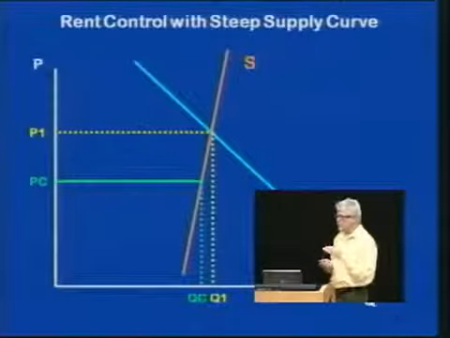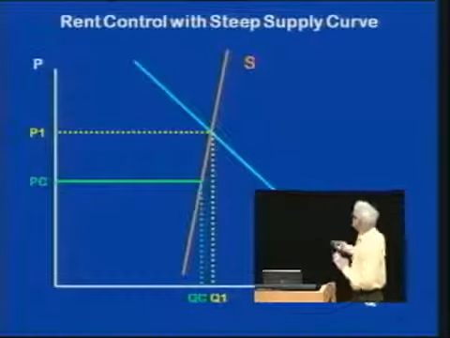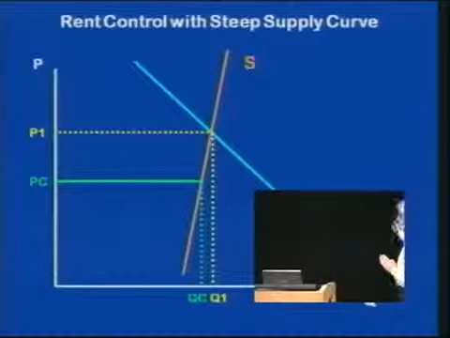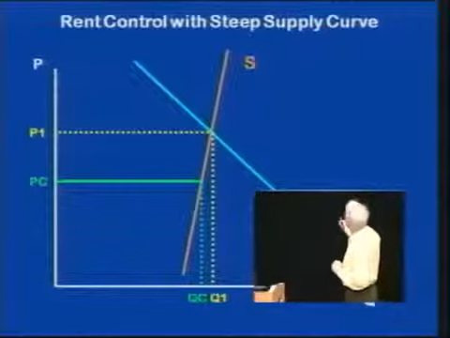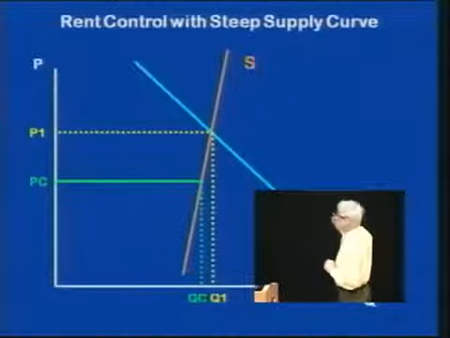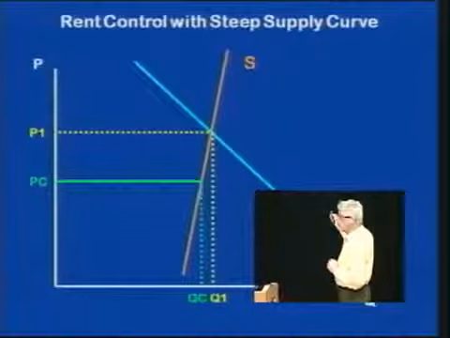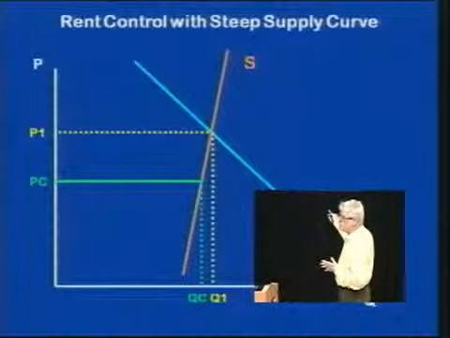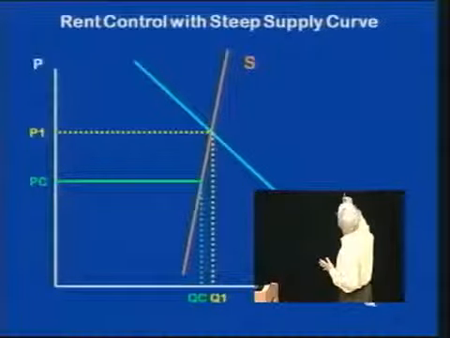Rent control changes the price, but the supply curve tells you at any given price how much people are willing to supply. Okay? So if indeed lowering the price causes a lot of people to not rent out their spare rooms, then the supply curve will be not steep. It'll be like that.